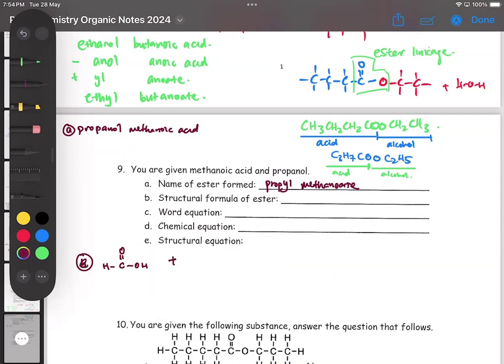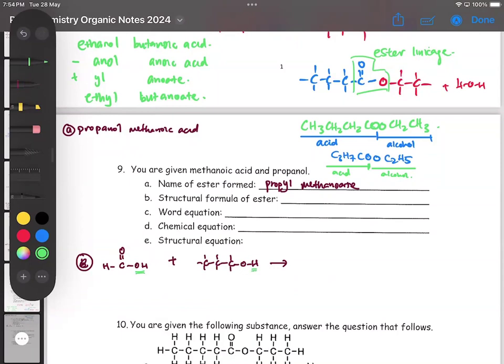Okay, let's do structural here, easier. Then for the propanol, we have 3 carbon with the OH. So what happens is, the OH will be dropped from the acid, the hydrogen will be dropped from the alcohol.